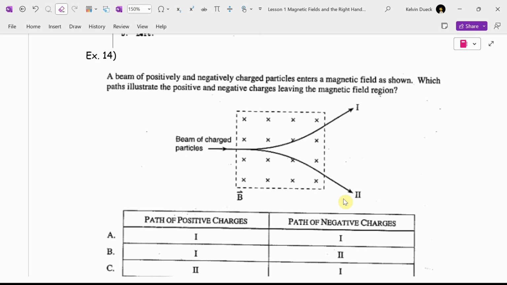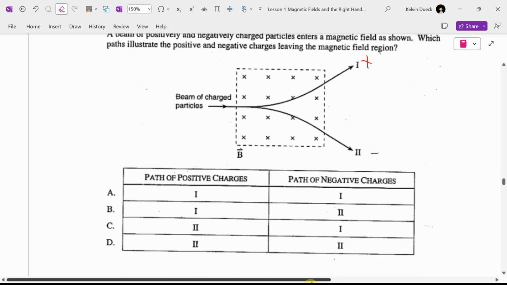What do those X's mean? So point your right thumb to the right, fingers into the page. What direction will the positives feel a force? Up the page. What direction then would negative charges feel a force? So positive is yes, yes, no, no, no, yes, no, yes. What's the correct answer? Gotta be B.